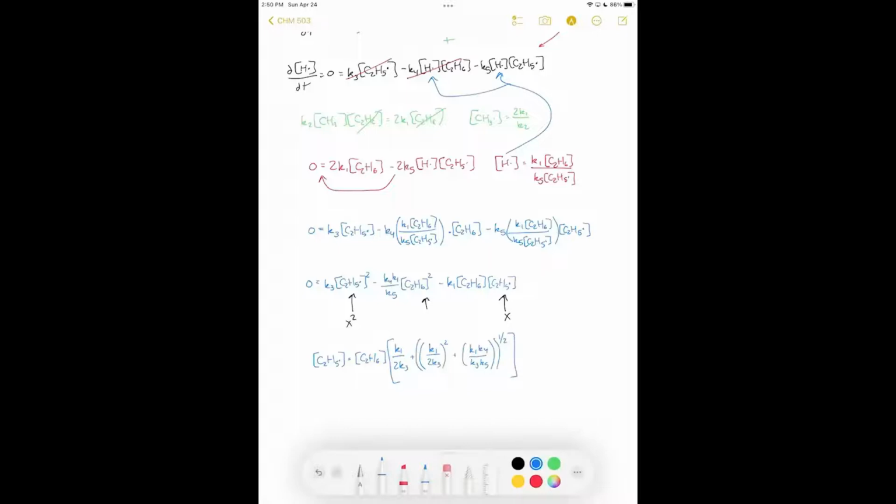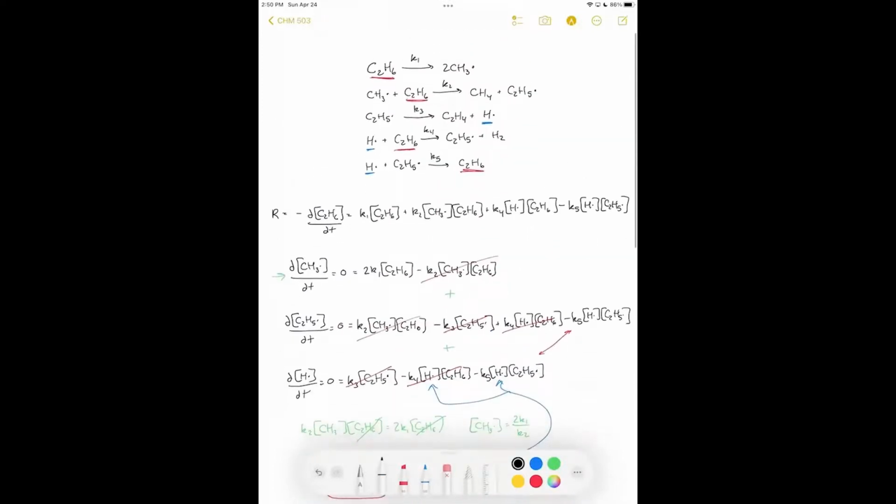All right, this is pretty gross, but what we can do is appreciate the following. Each one of these terms depends on K1. Going back to the original scheme, we see that K1 is the rate of the initiation process for this reaction. Going back to what you learned about radical chemistry in organic chemistry, you know that initiation is a relatively unlikely event. Not very many molecules actually decompose.